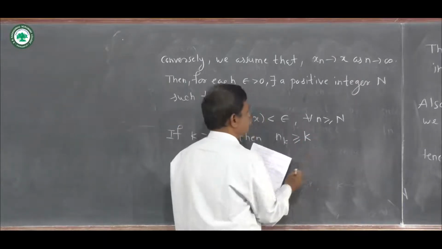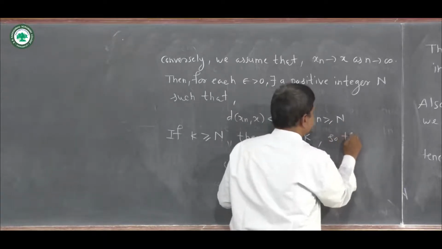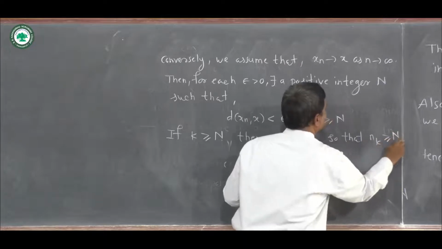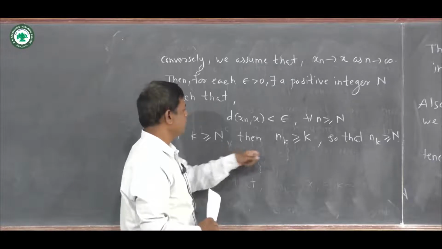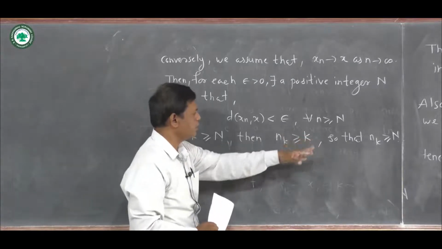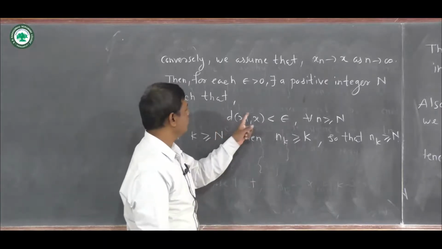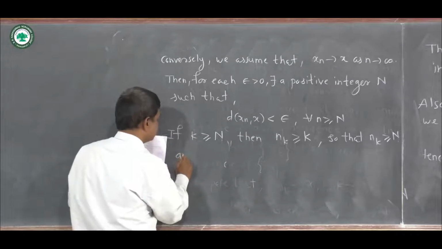We use this in forming the subsequence, so we have k greater than or equal to N and n_k greater than or equal to k, so n_k is greater than or equal to N.